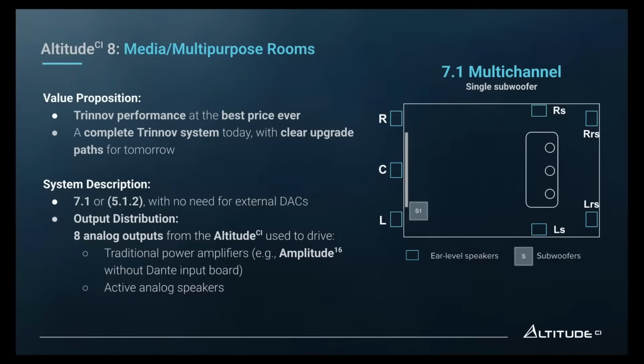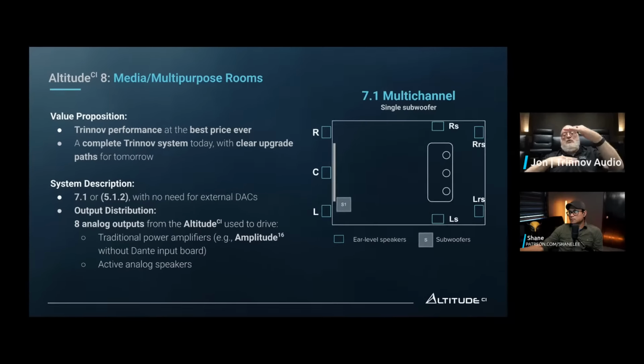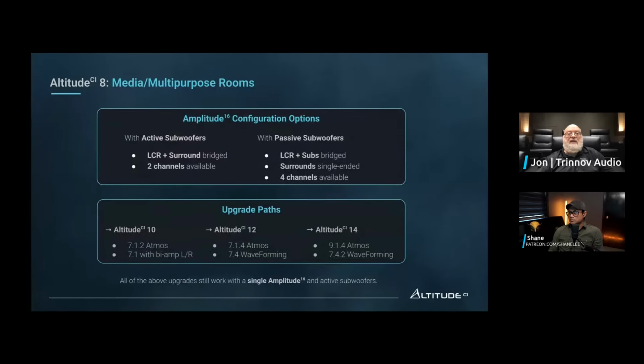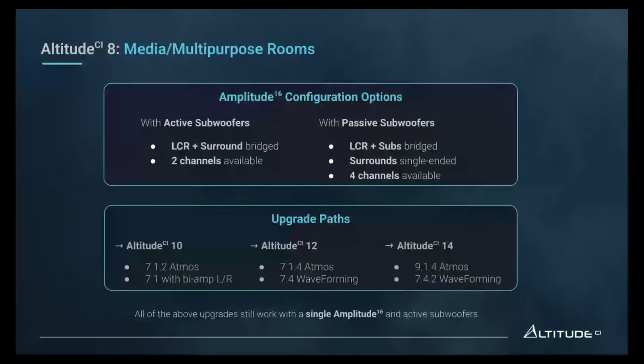If the channels are all bridged in the Amplitude 16, you'd have monster output capability and state-of-the-art processing, all in about exactly 5 RU of space. I've seen receivers bigger than that. And without going into all the details, the upgrade paths are almost endless since you can add additional pairs of channels at any time as perhaps your needs grow. But you only have to buy what you need.